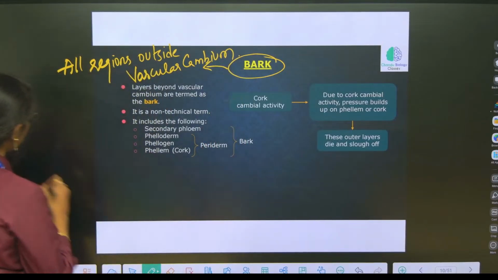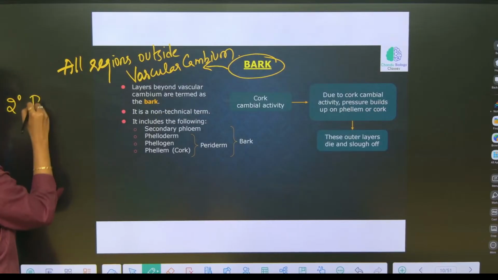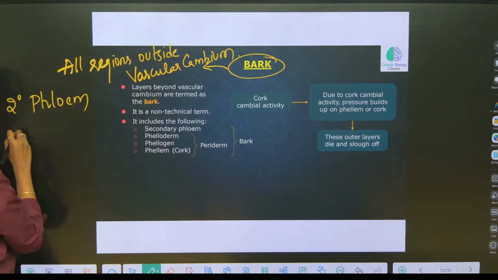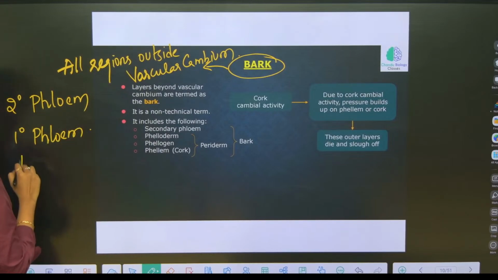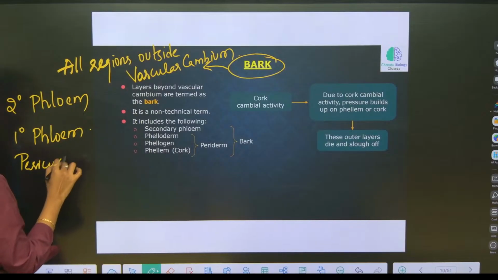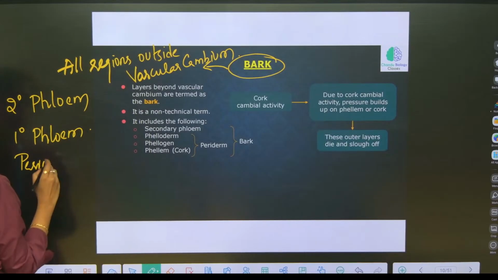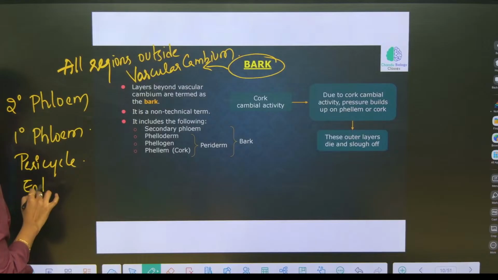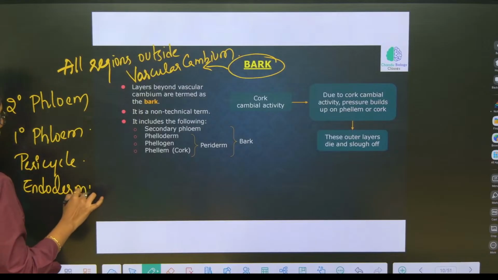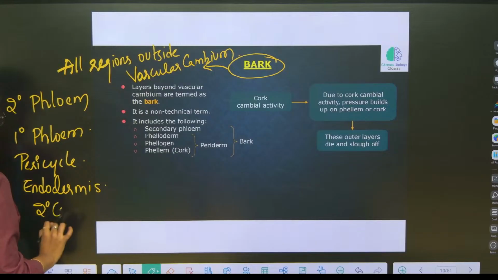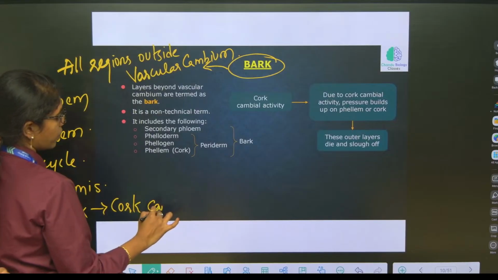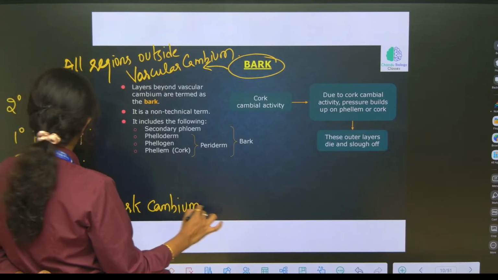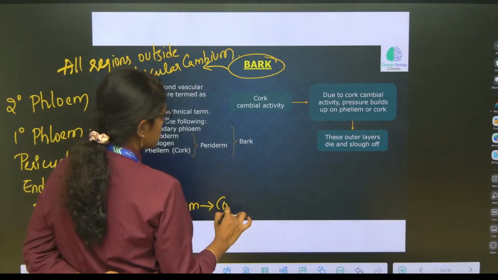Outside the vascular cambium means secondary phloem, primary phloem, pericycle, endodermis, secondary cortex, cork cambium, and cork cells.